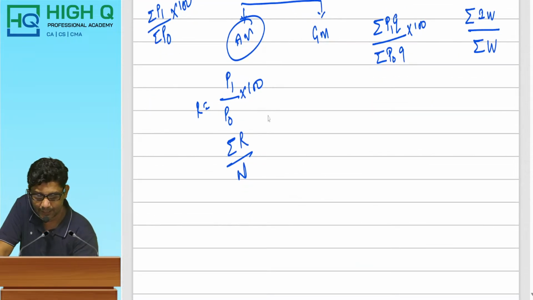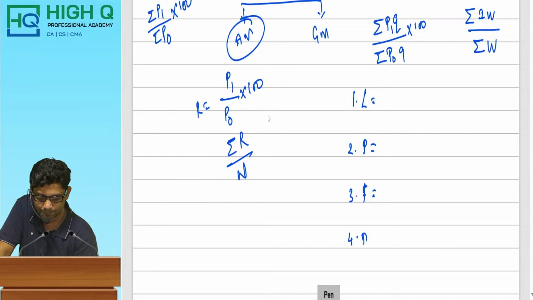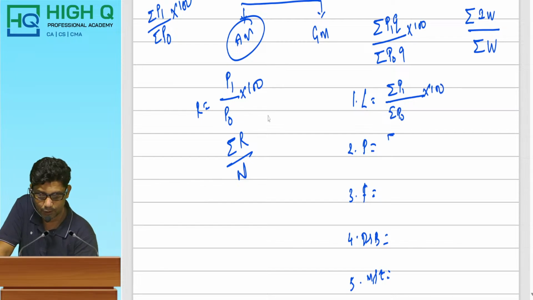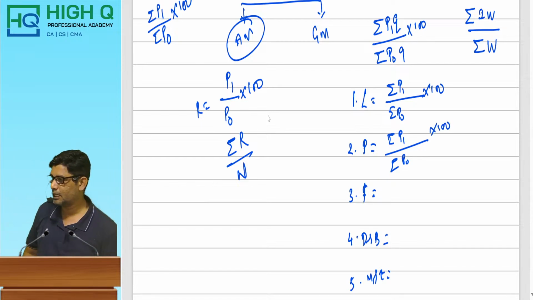Now, here we learn Laspeyres' formula, Paasche's formula, Fisher's formula, Marshall-Edgeworth, and Dorbish-Bowley formula. What is Laspeyres' formula? I'll write the original formula and multiply by the quantity.